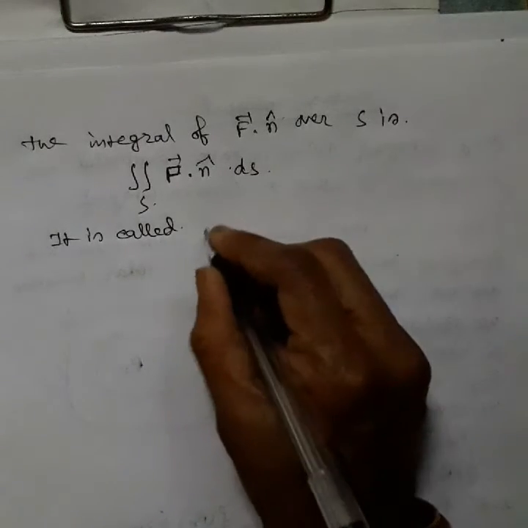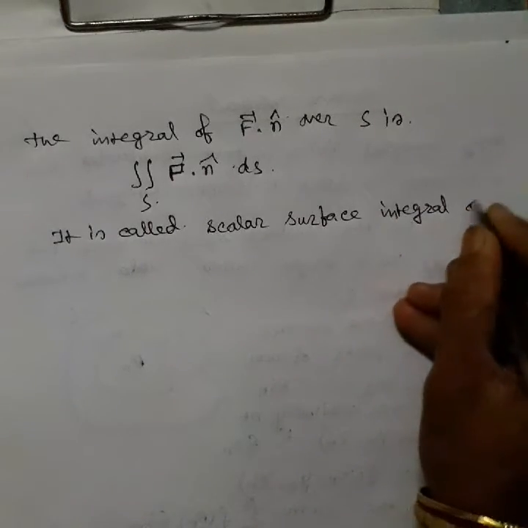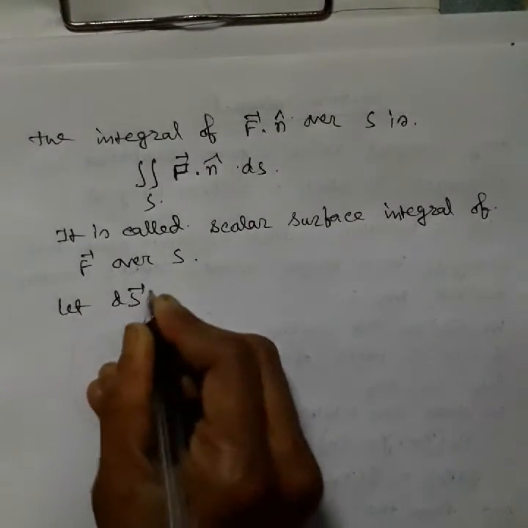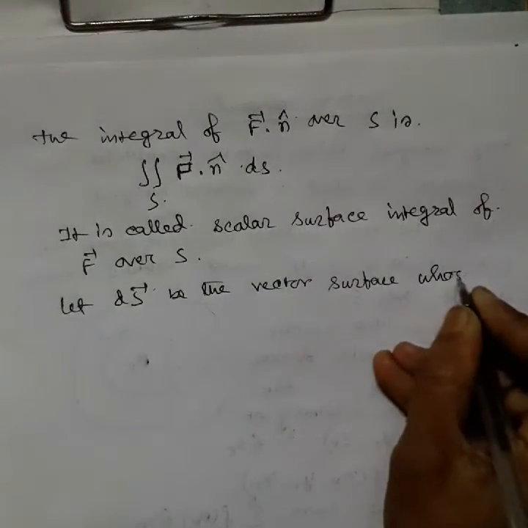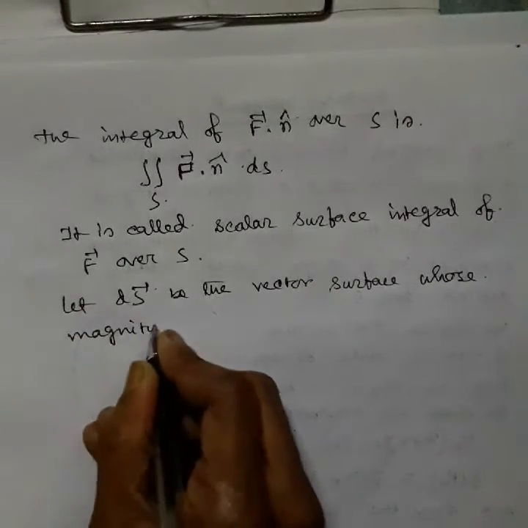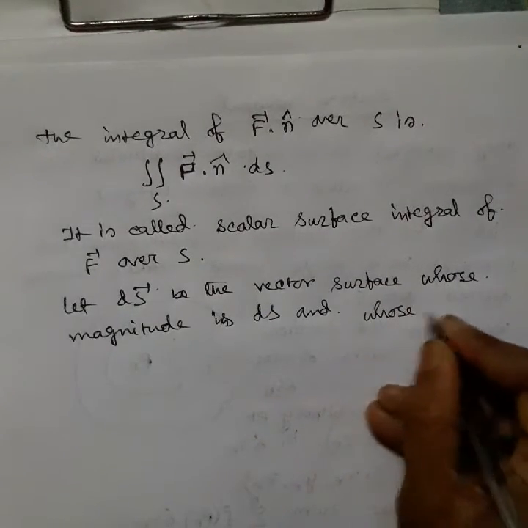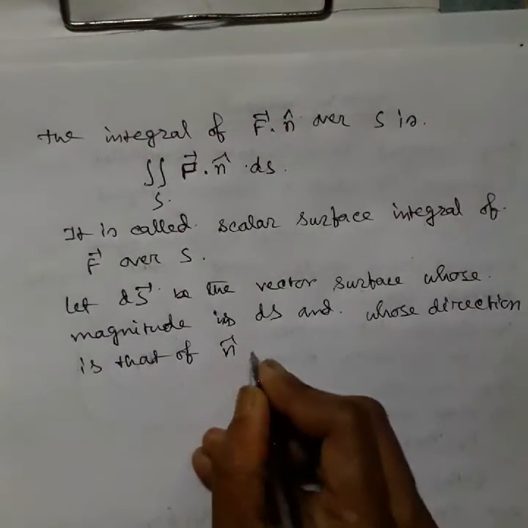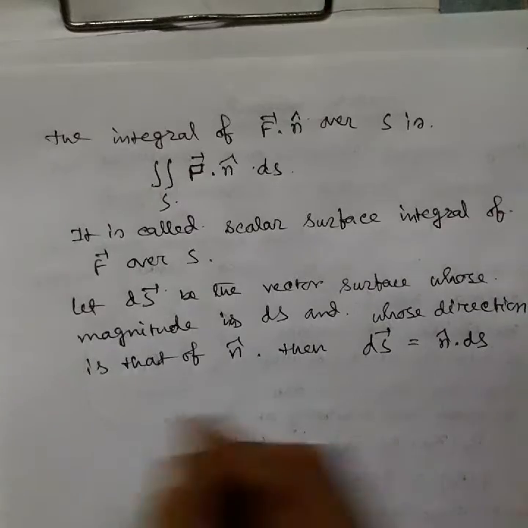And it is called the scalar surface integral of F over S. Now let dS be the vector surface whose magnitude is dS and whose direction is that of n cap, that means unit vector. So dS vector is equal to n cap dS.